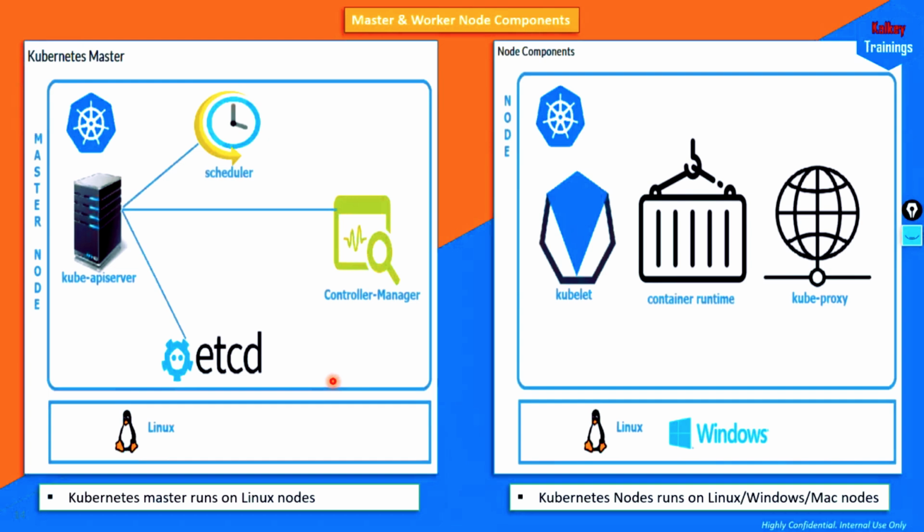The node components can be on Linux as well as on Windows. It can be a combination of platforms. Platform is not very important. But generally, because most of the servers in your organization will be on Linux, the percentage of occurrence of a Windows server is very, very low. Anyway, even if so, that's not a problem.